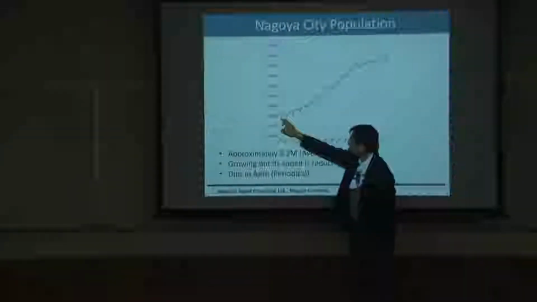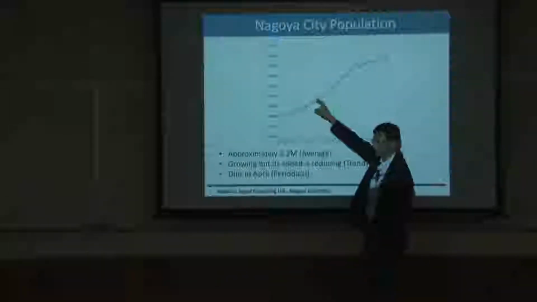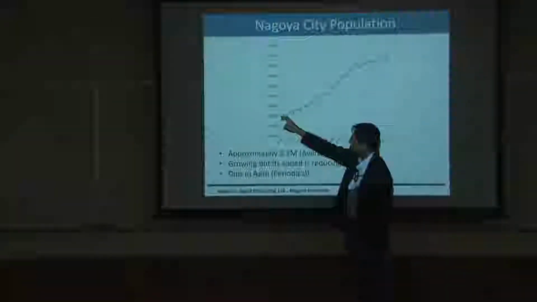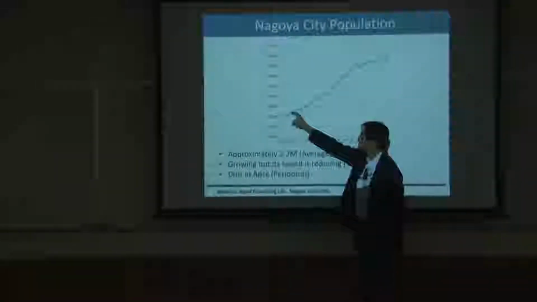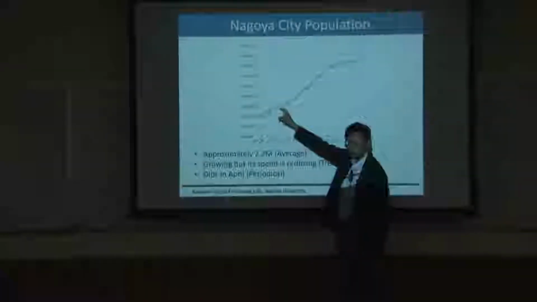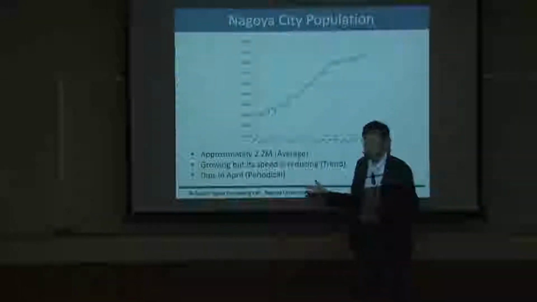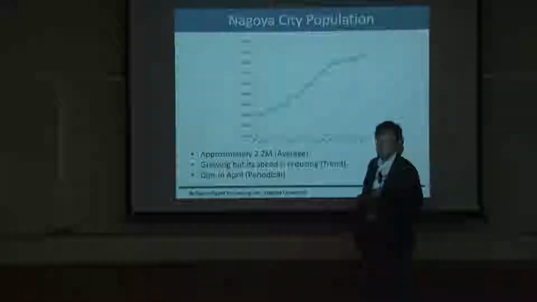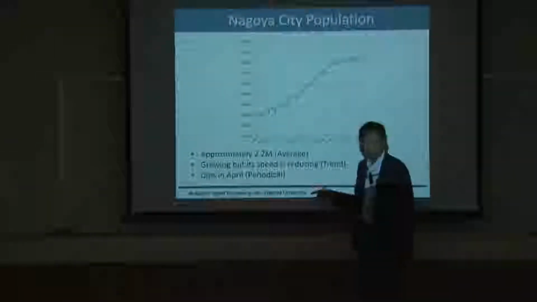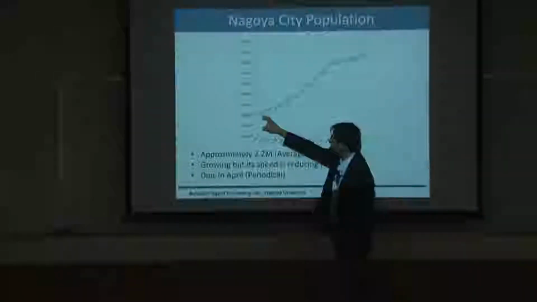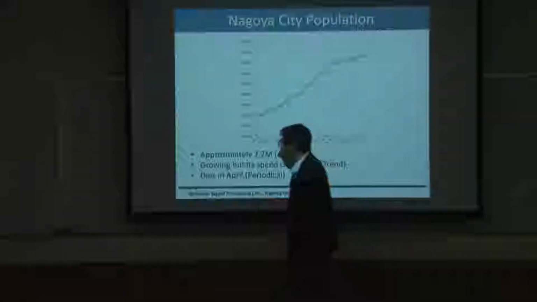For instance, it is growing, so the Nagoya City population is growing. It also has a dip every year, in March and April, because of the social movement of the population. In Japan, people move at the end of the fiscal as well as academic year, like March or April, right? So this dip in the figure shows another aspect of the data.